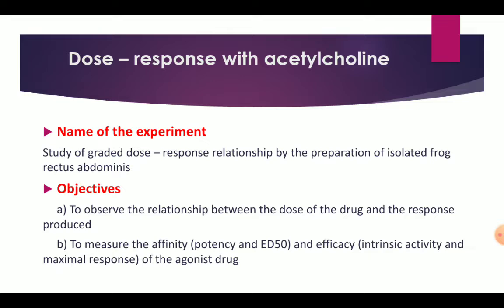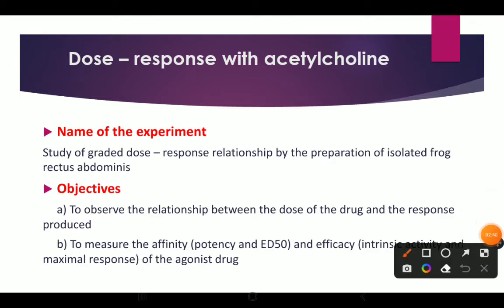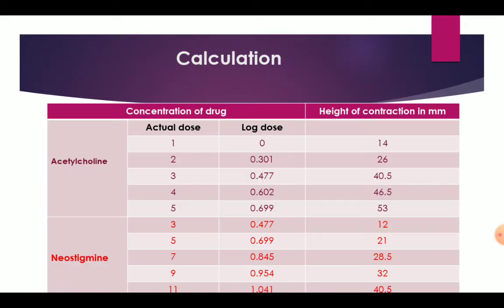One is to observe the relationship between the dose of the drug and the response produced. And then to measure the affinity, that means the potency and ED50, and efficacy, that is intrinsic activity and maximal response of the agonist drug. So these are the objectives.